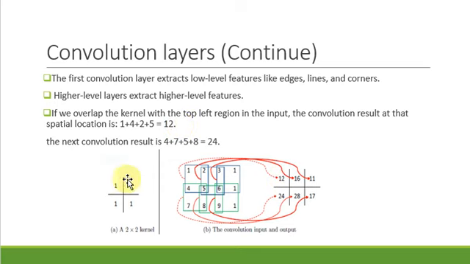Again we convolve this matrix with these four numbers: 1 times 2, 1 times 3, 1 times 5, 1 times 6. Okay, so let's see, we take this box: 1 times 4 equal to 4, 1 times 5 equal to 5, 1 times 7 equal to 7, and 1 times 8 equal to 8. Adding them is equal to 24, so here 24.